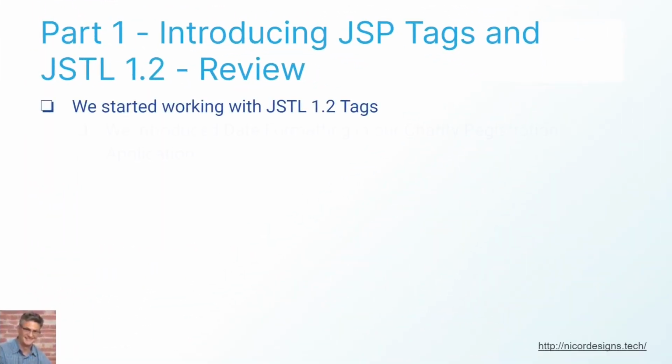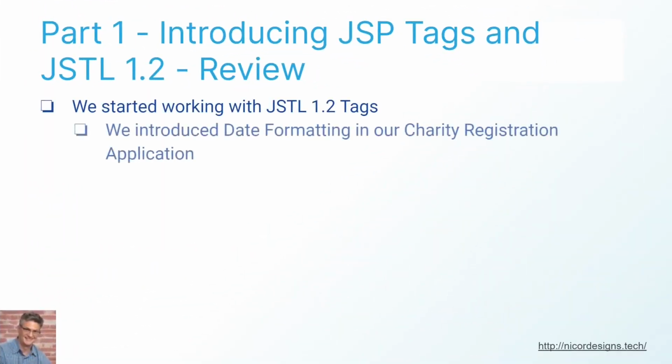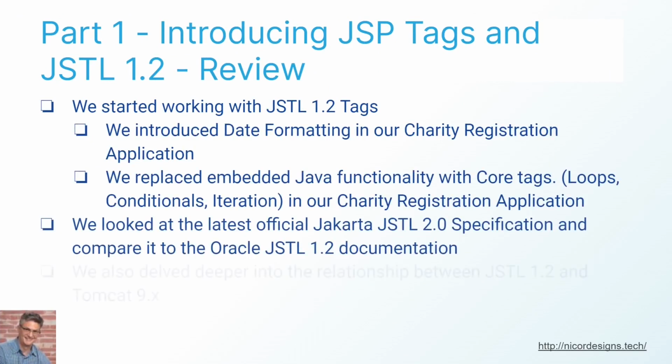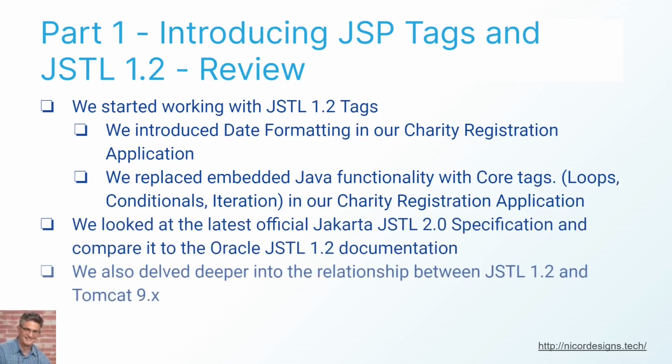In the previous tutorial, we started working with the JSTL 1.2 tags. We looked at date formatting in our charity registration application. We also replaced embedded Java with the core tags, such as the loops, conditionals, and iteration in our sample registration application.